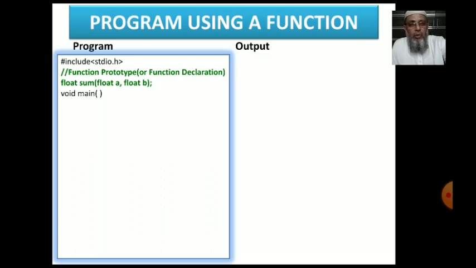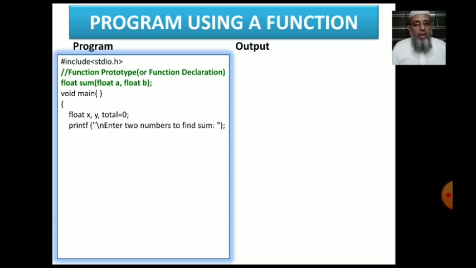Next we are opening the main function. We are writing the main function, opening the curly bracket. First we have declared two variables because we have to read two values, and those will be passed to the function sum. We have used one variable, total, which will take the value from the called function sum. Printf "Enter two numbers to find sum".